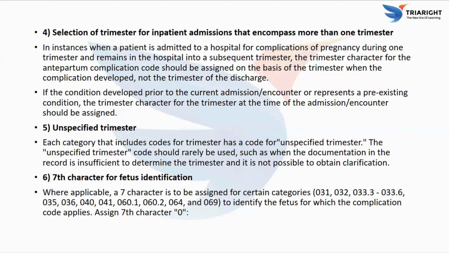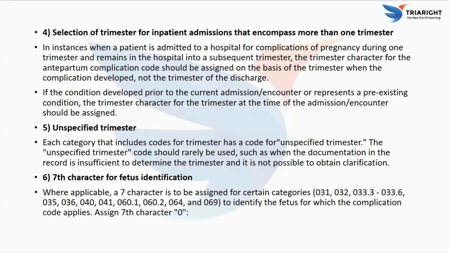For example, a patient is admitted at 26 weeks, which is the second trimester, for high blood pressure due to pregnancy. She remains hospitalized until 29 weeks, which is the third trimester. What will you code? You will code the complication as second trimester, because that's when the problem began, right? So you use the trimester of onset, not the trimester when the patient leaves the hospital. This is the fourth guideline clearly.